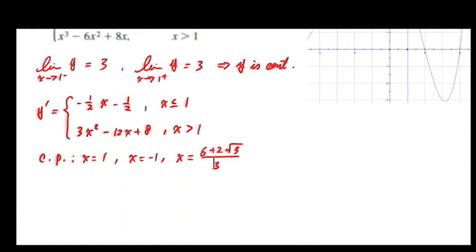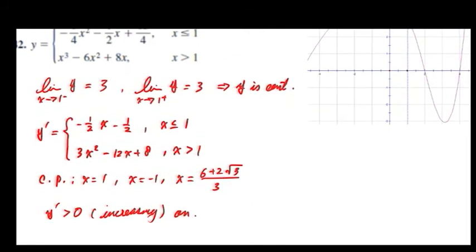Okay, then now we do the usual thing. So we say y prime is positive, meaning this is increasing. Now, let's just think about it. We can still do this, right? Let's say this is -1, and this is 1, and this is 6 plus 2 root 3 over 3.